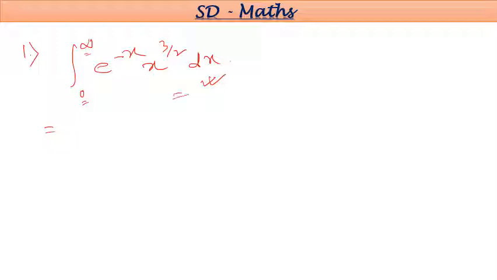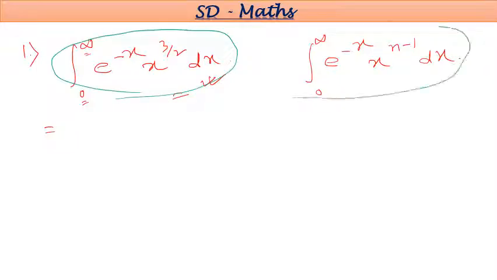Now compare this with the standard form of the gamma function. This is our standard form: integral from 0 to infinity of e to the power minus x times x to the power n minus 1 dx. Now compare the given improper integral with this, then we will have n minus 1 equals 3 by 2.